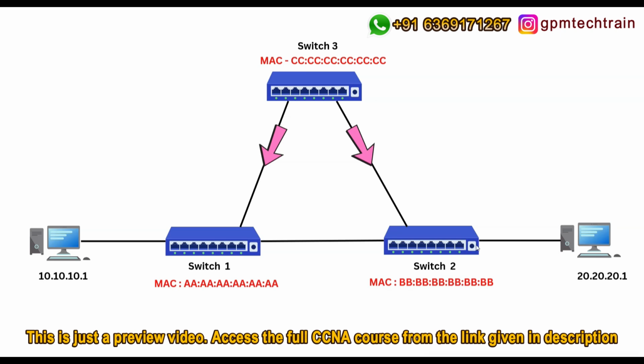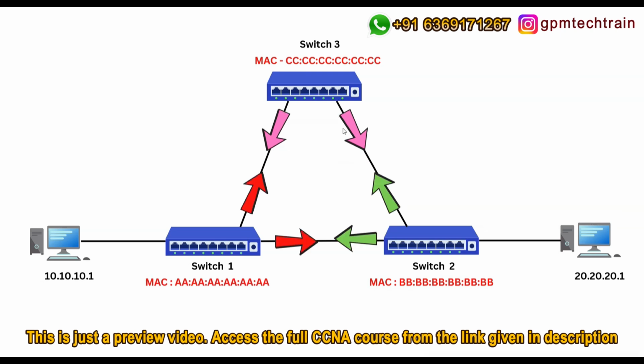For the second broadcast that it received from switch 2, it won't broadcast back to the same port; it will broadcast to switch 1. I have just shown two ways, but it's for two requests. The one going this side is for the first broadcast received from switch 1, and the one coming this side is for the second broadcast that came from switch 2.